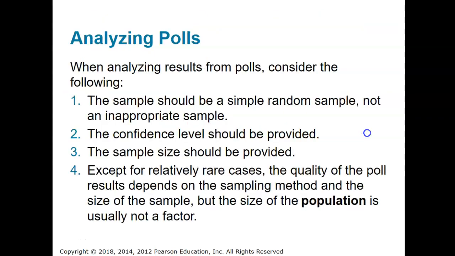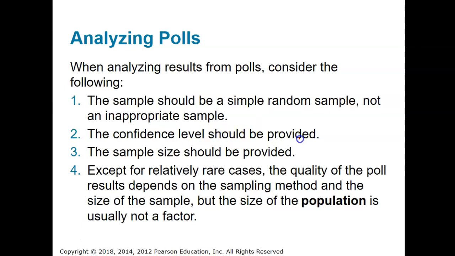Okay, so a couple of things to keep in mind when you're talking about polls, as we mentioned earlier, that all this kind of ties into polling. The sample should always be a simple random sample, because if you don't gather your sample appropriately, then it's not going to give you valid results. And the confidence level should always be provided.